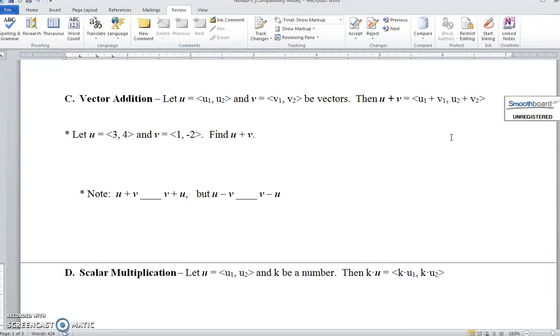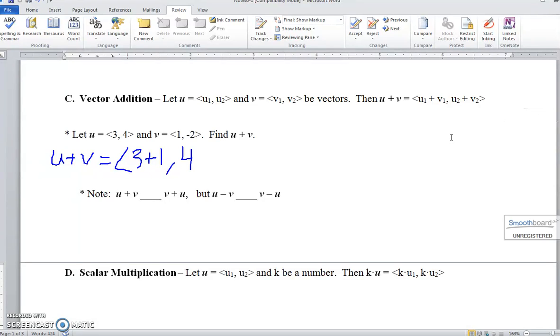If I want to use the vector 3, 4 and 1, -2 to find what u plus v would equal, I simply take the x values, so 3 plus 1, and then take the y values, so 4 plus -2, or just 4 minus 2 in the end, and I want to put those two pieces together. So when I add them, I'm going to have for x 4 and for y 2.